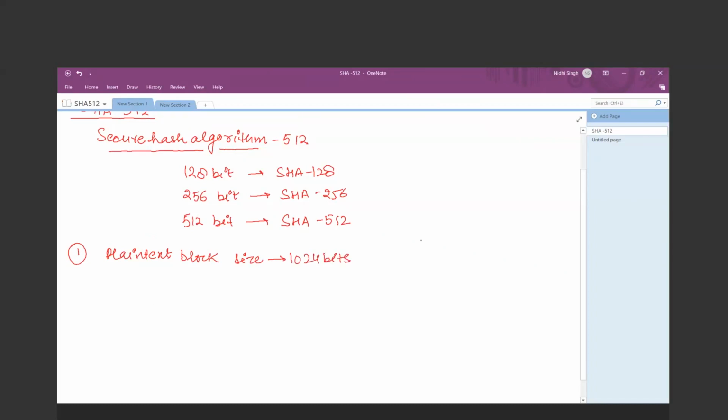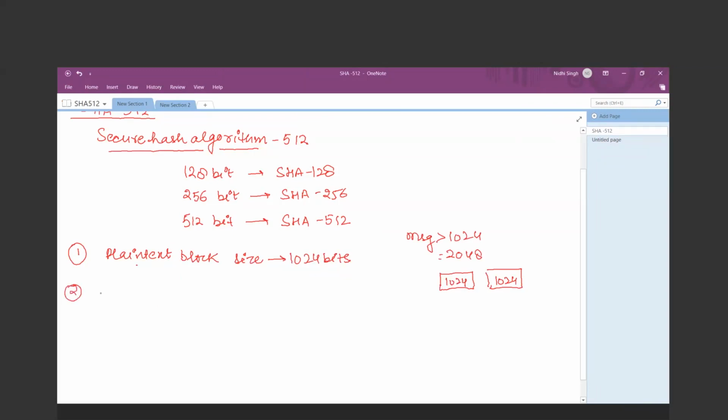If my transmitted message is greater than 1024, suppose it is 2048, then I will divide my plain text into two blocks: the first one is 1024 and the second one is 1024.